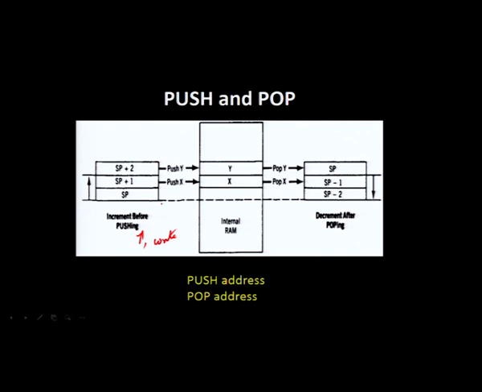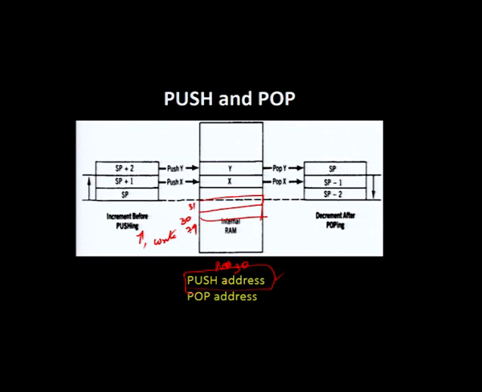Suppose you give push 30H, this is the mnemonic. Here you have the location 30. Already some data is available there, so it will increase to 31 while executing the push instruction 30.